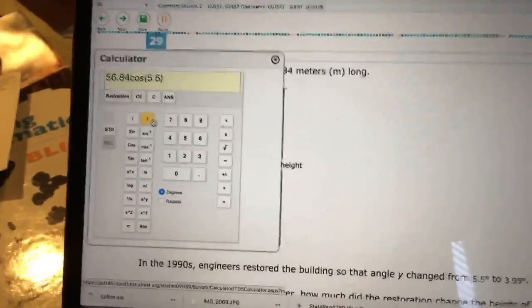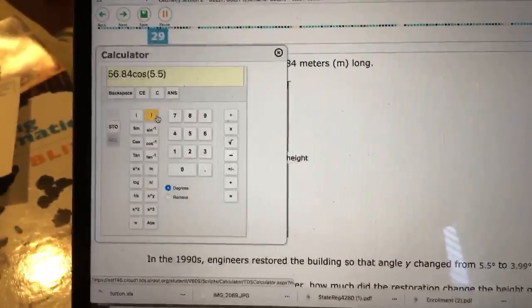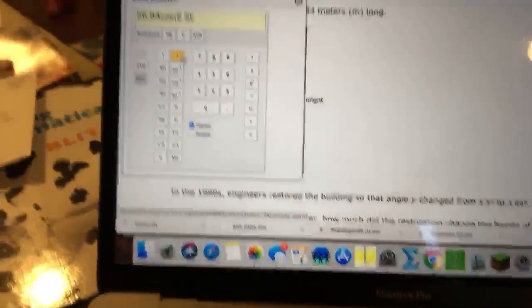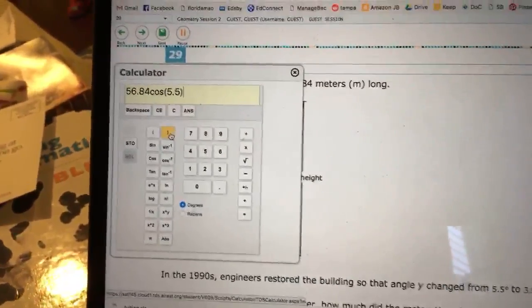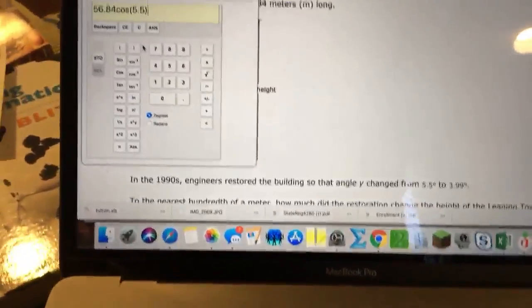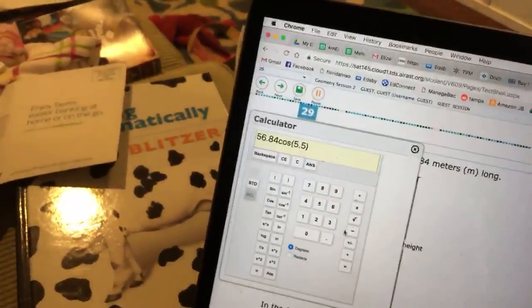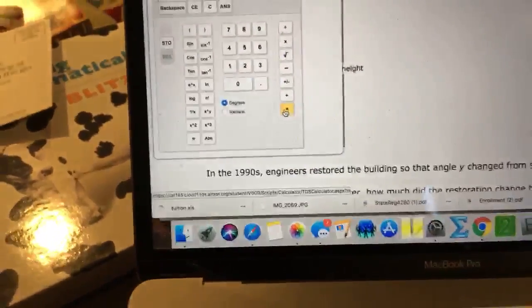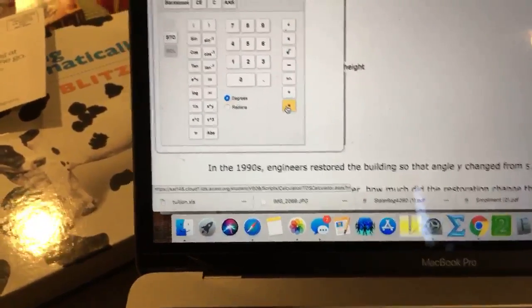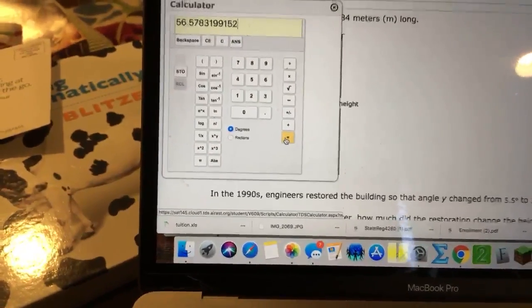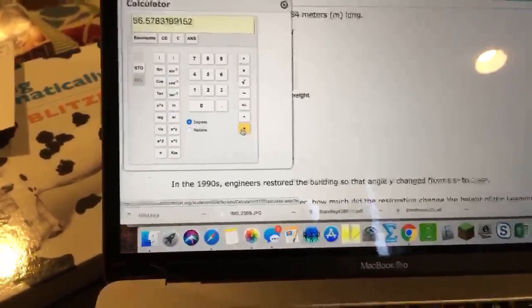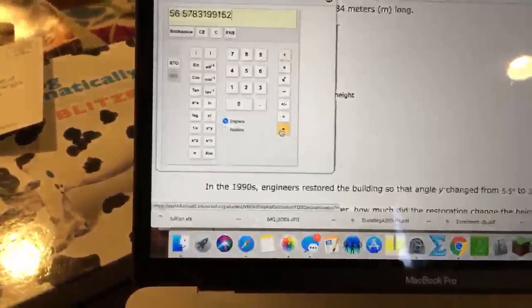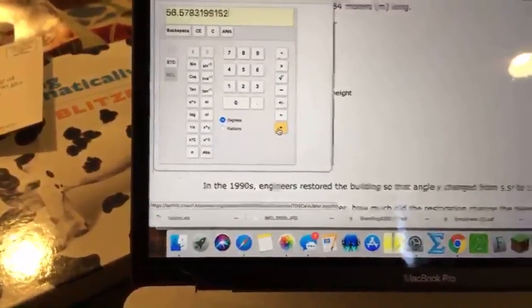So guys, if you use the computer calculator, it's going to be a lot more like using your graphing calculator than the ones that are provided to you to use by hand, okay? So I would probably use the computer calculator when you need to. So that's going to be 56.57 or 56.58 meters tall originally.